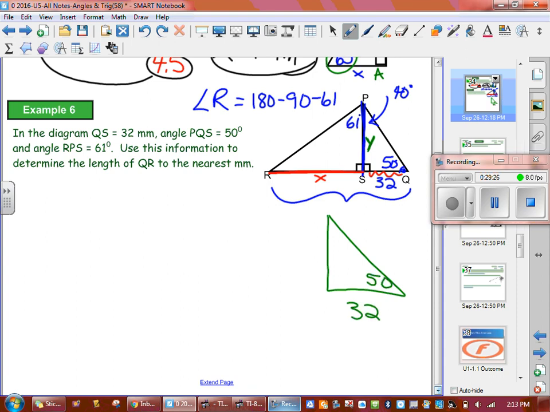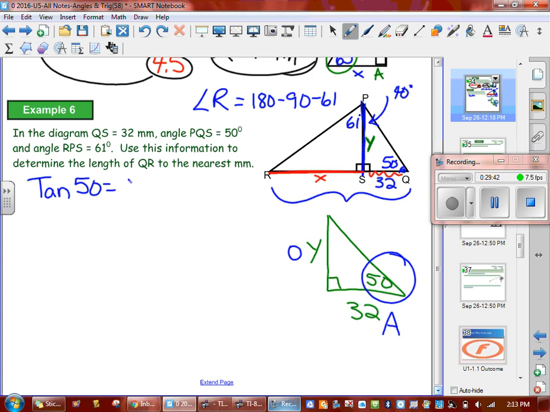So to find the side they're joined by, I'm going to take tan of 50 equals Y over 32. So Y will be 32 times tan 50. So we're going to get Y to be 38 exactly. It's going to round. So it is exactly 38. So now I know this number's 38.